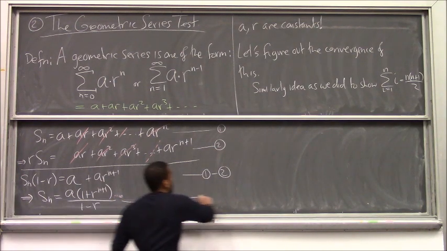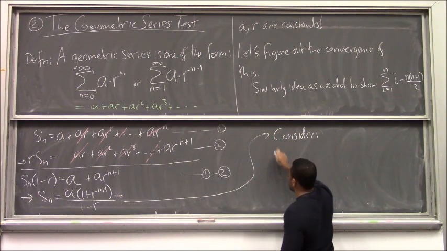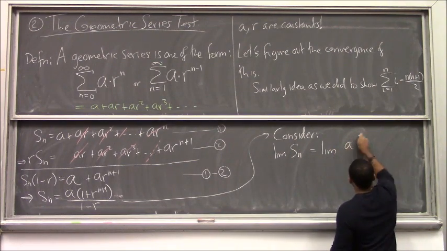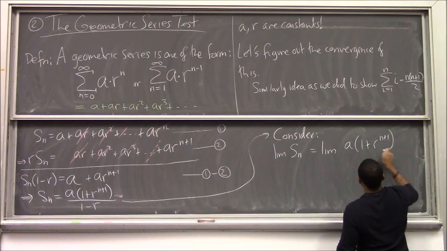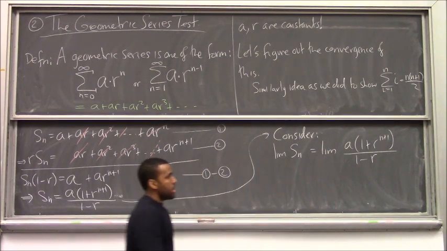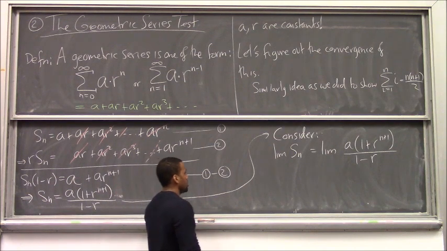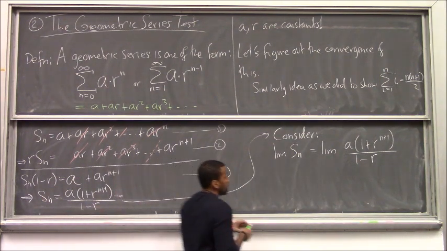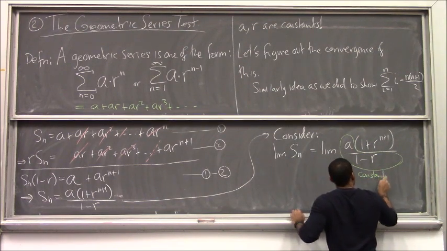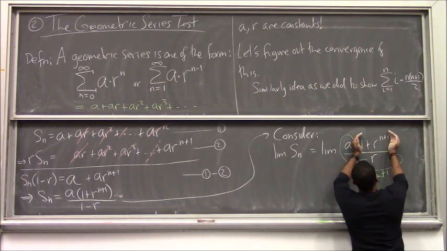So now we want to know what does this actually converge to. Now remember that a and r are constants, which means this part here is a constant, which means the behavior of this limit is going to greatly depend on this expression here, which has the n in it.